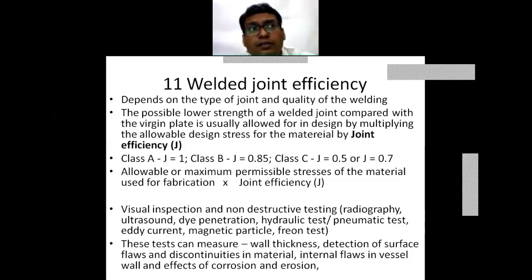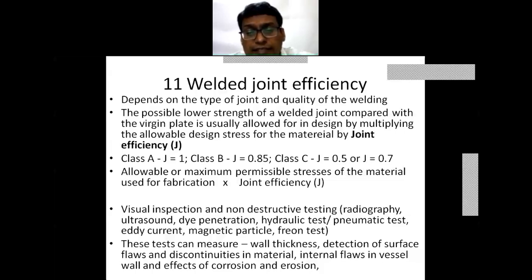Generally, nowadays the ultrasound technique is the most commonly used in our chemical industries, but previously the radiographic technique was the common one. Then there are the dye penetration test, hydraulic test, pneumatic test, eddy current test, magnetic particle test, and the freon test. All these different tests are to be carried out for the visual as well as the non-destructive testing.